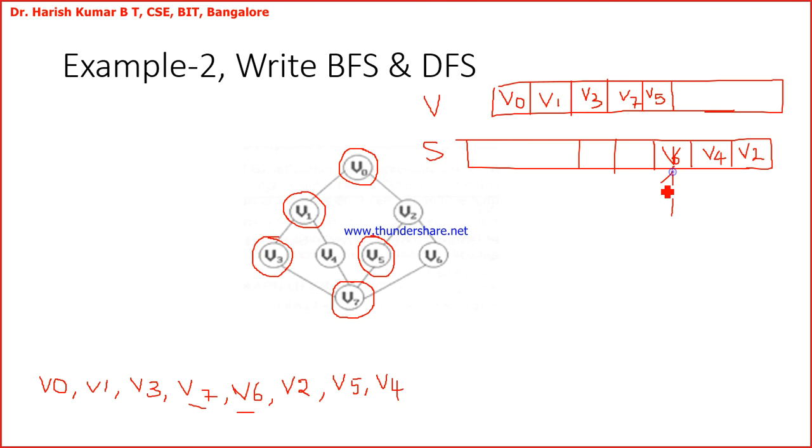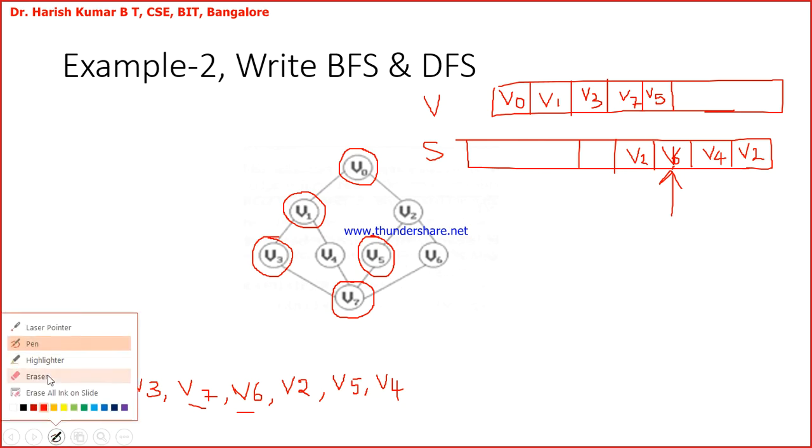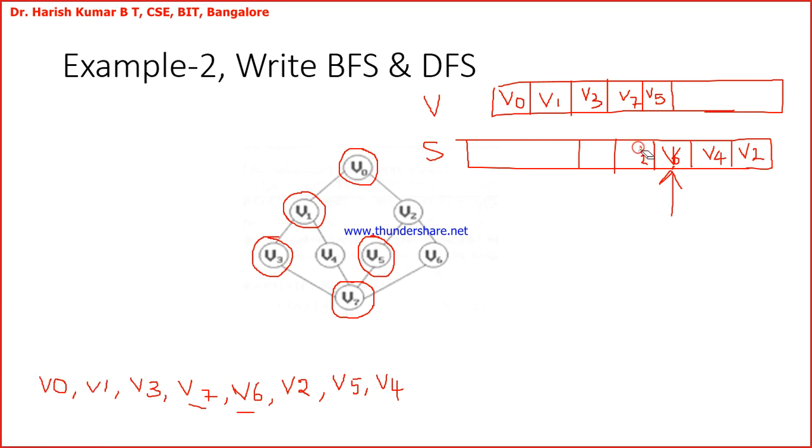Now top is pointing to this. Now I have to find out the nodes which are adjacent to V5. The nodes which are adjacent to V5 are V7 and V2, but V7 is already visited. Now I got to add V2. So V2 is also there. Sorry, V2 is also already added to the stack.